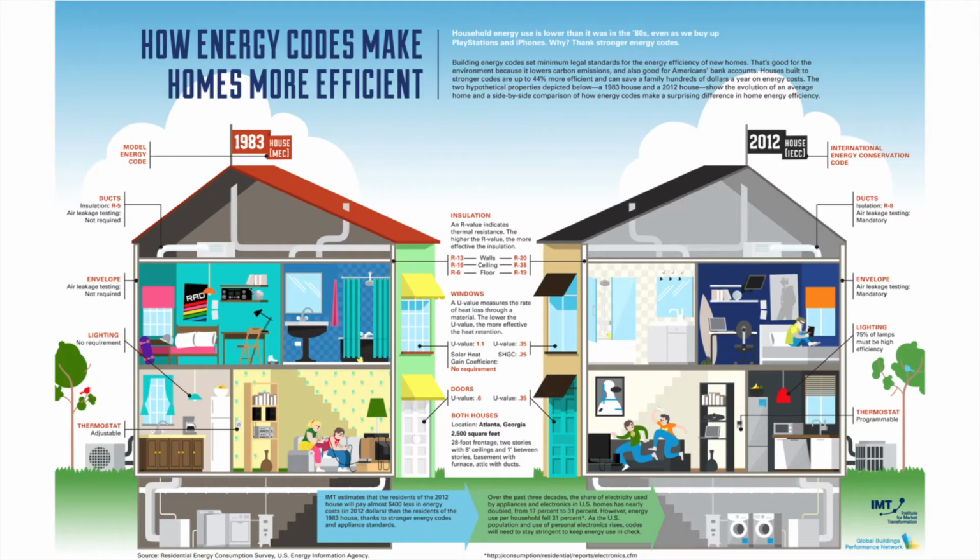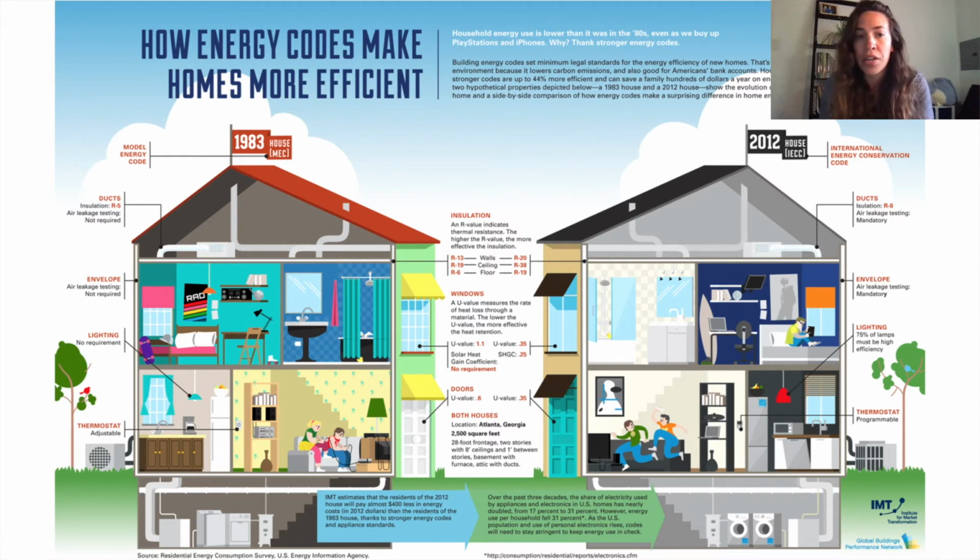And we've seen a lot of changes over the last 20 to 30 years. So here we have a house in 1983 comparatively to a house closer to today. This is a 2012. And now we have things like programmable thermostats. We have more efficient lighting.